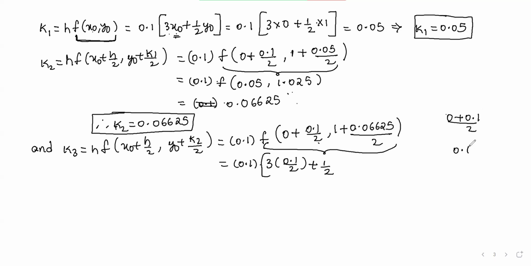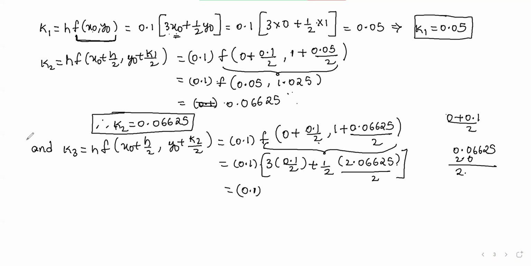0.06625 and 2.0. 2.06625 divided by again 2. Again 2, that is equal to 0.1 into something.